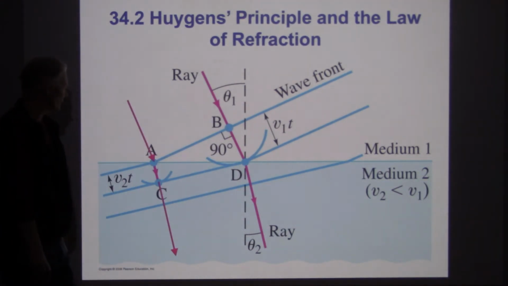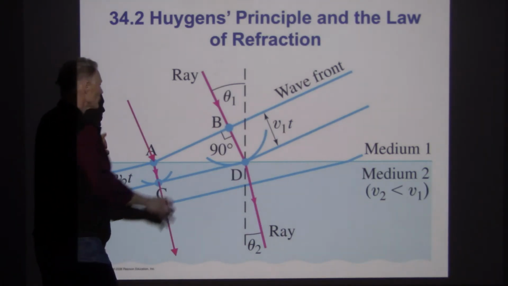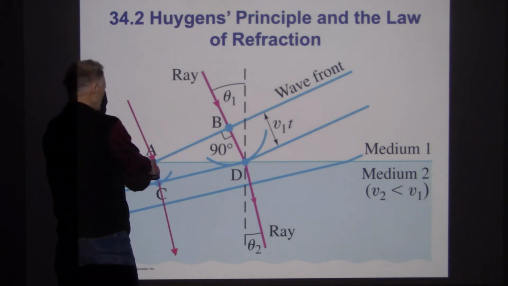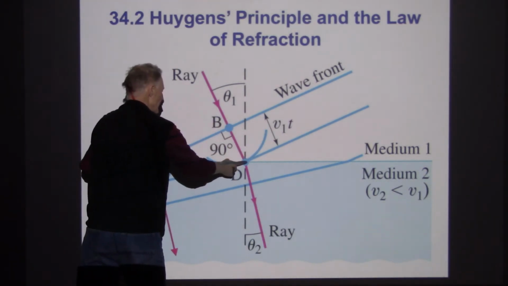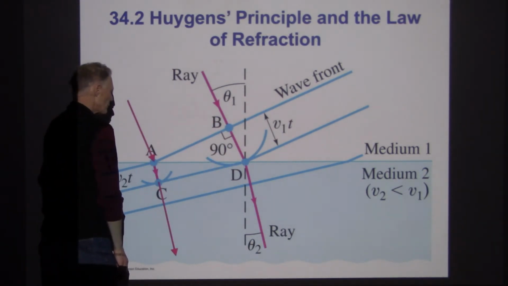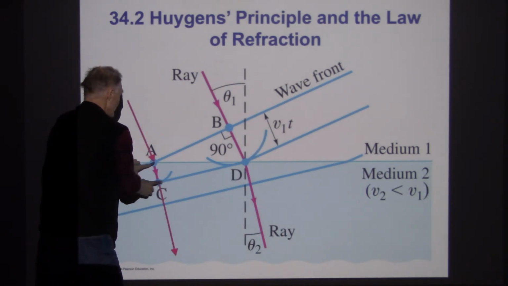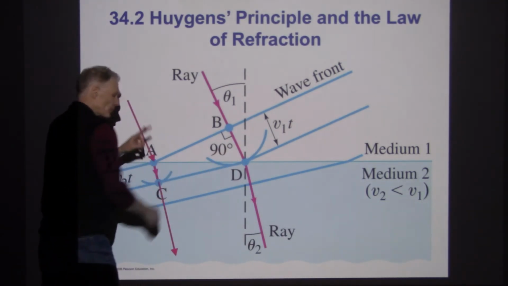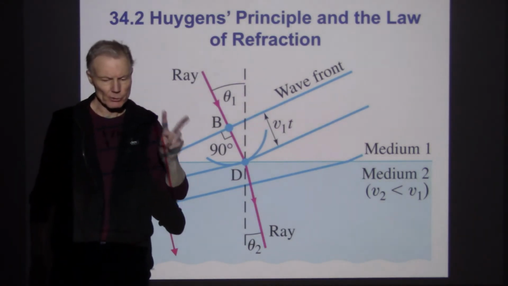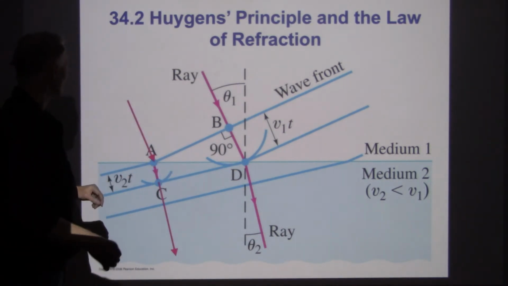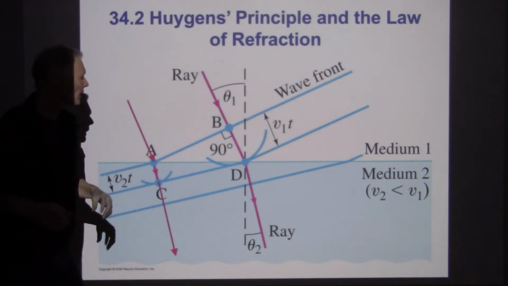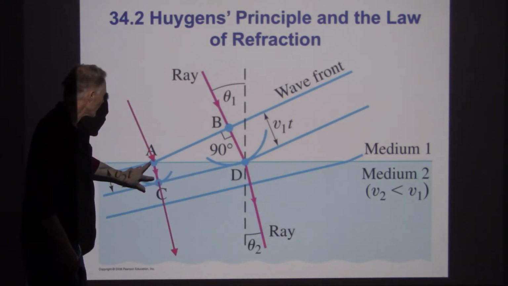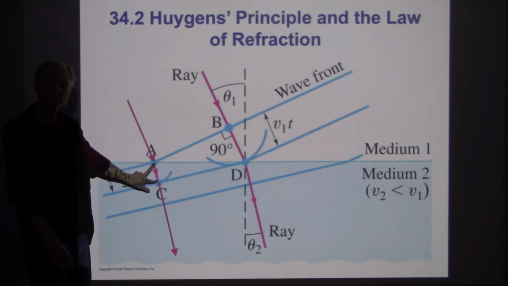So what we can do is geometry on this. We can take this triangle, triangle ABD, and compare it with triangle ACD, and they share a hypotenuse. It's two right triangles. They share a hypotenuse, but they're not similar, because this side is longer than that side.